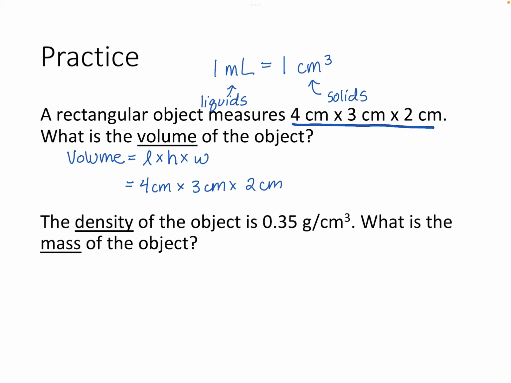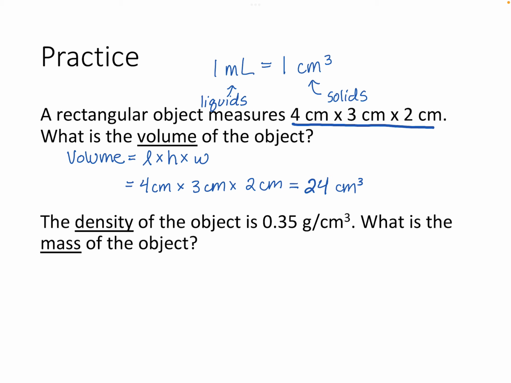And I don't know which one's the height, the width, or the length, but the general idea is that we're going to multiply all the sides together. And that will give us, let's see, 4 times 3 is 12. 12 times 2 is 24. And then we have centimeters cubed as our unit of volume.